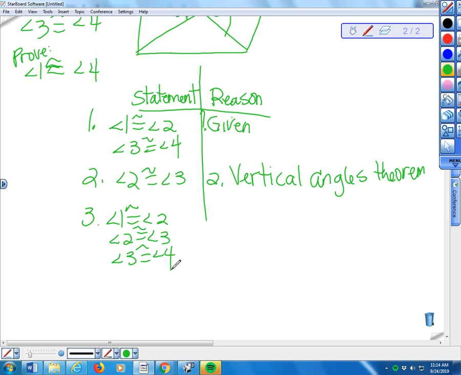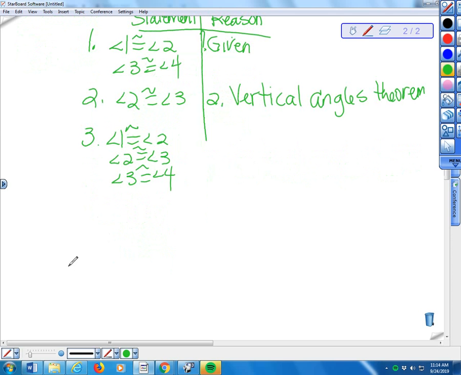So if 1 is congruent to 2, 2 is to 3, 3 is to 4, I'll just say therefore angle 1 is congruent to angle 4. Why? This is really my statement right here. I'm just showing you the work to get there. Why is angle 1 congruent to angle 4 if I know all of this? What property lets me say that? Transitive property of equality.